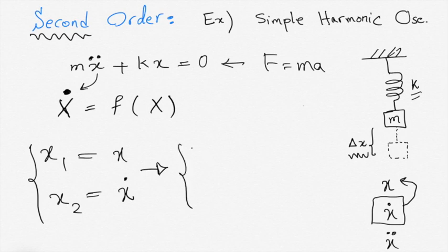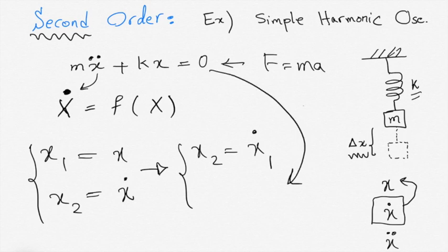Therefore, from this relationship you will see that x2 is equal to x1 dot, and also from this equation you can write it like this, right? x2 dot is equal to x double dot. Therefore, this is going to be m x2 dot equal to minus k x1.